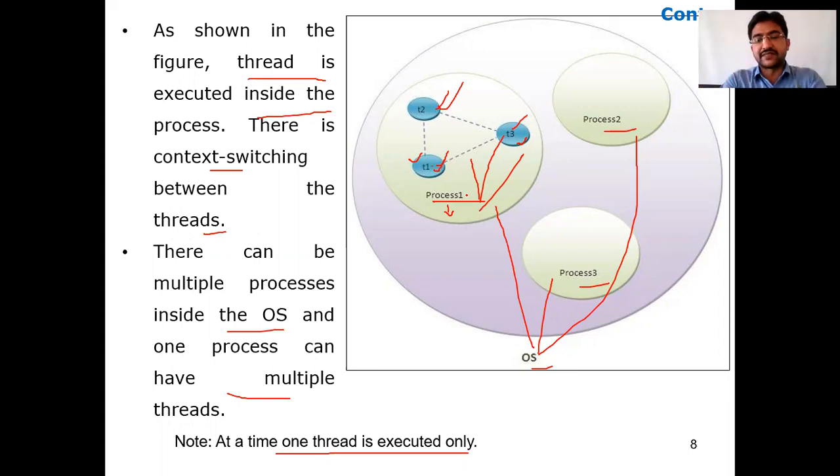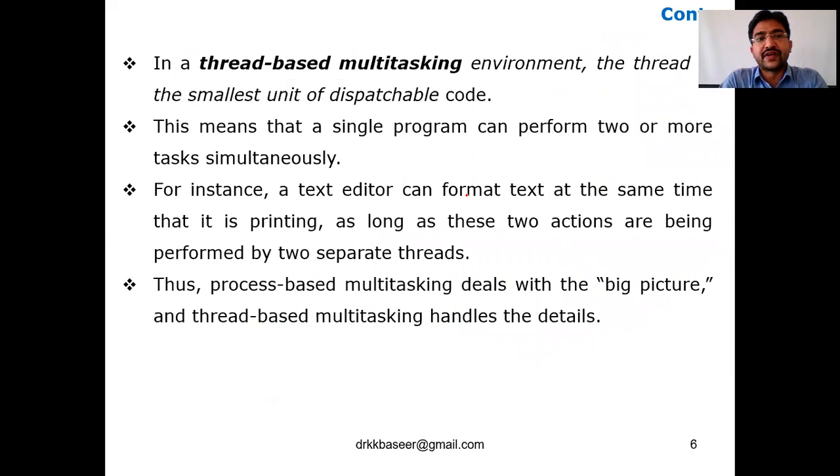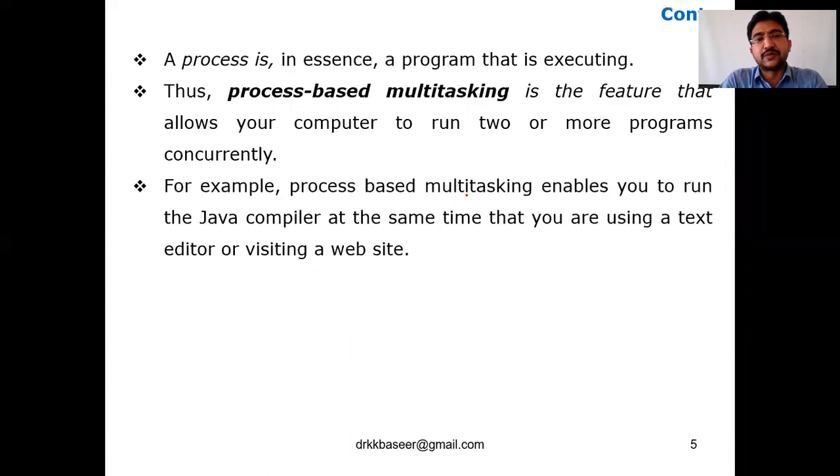So like this, there is a difference between multi-processing and multi-threading. What we have discussed in this introduction to multi-threading is the purpose of multi-thread programming, what a thread is, and how many types of multitasking there are, that is process-based and thread-based. Process-based multitasking means running two or more programs concurrently.